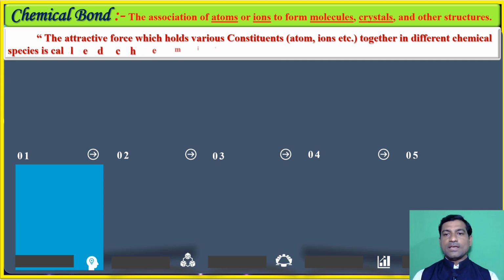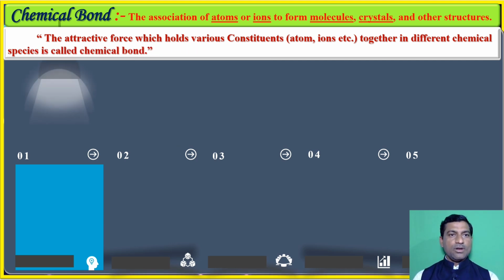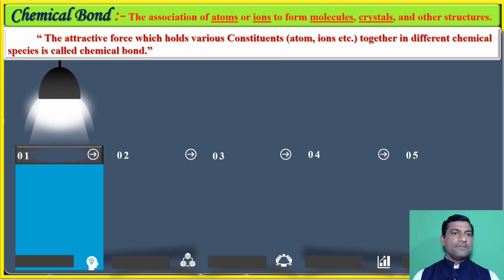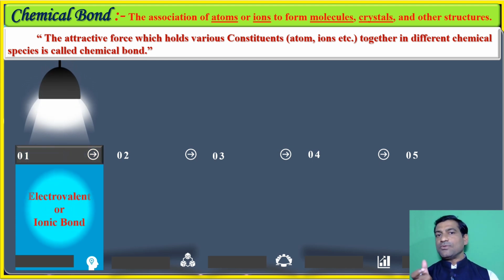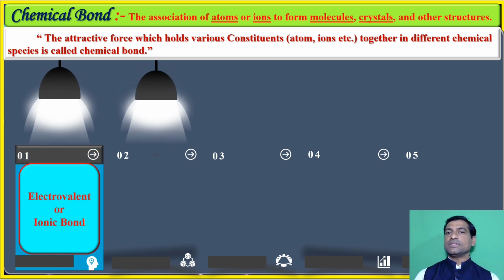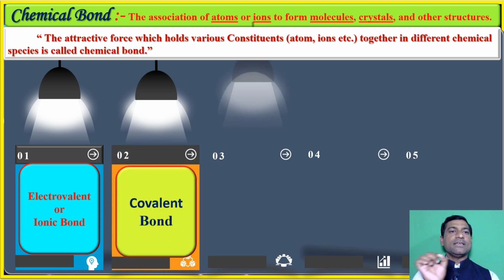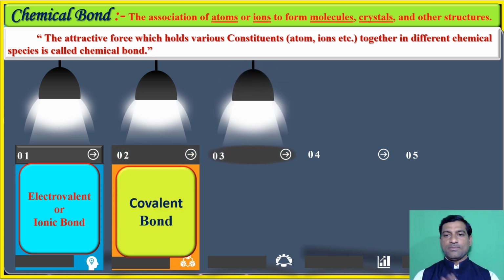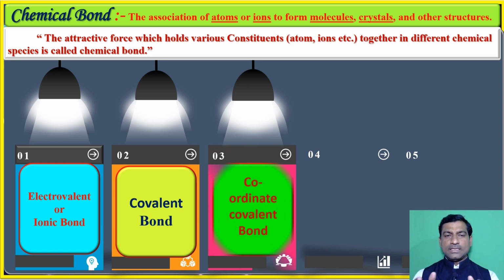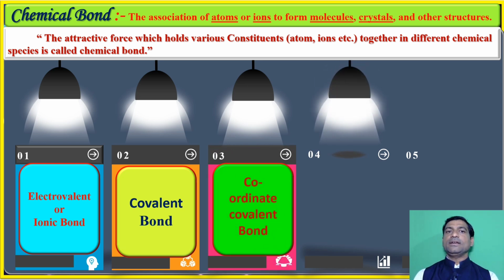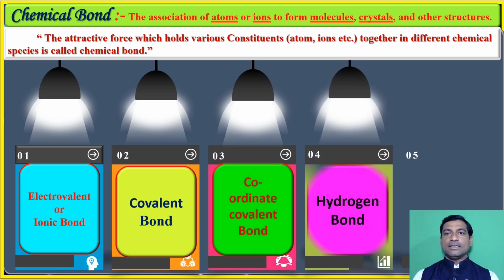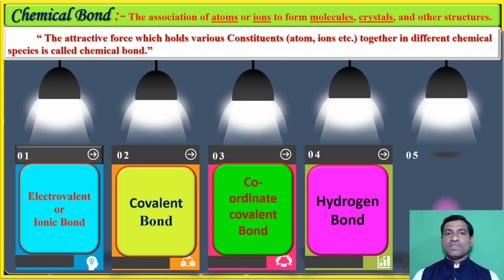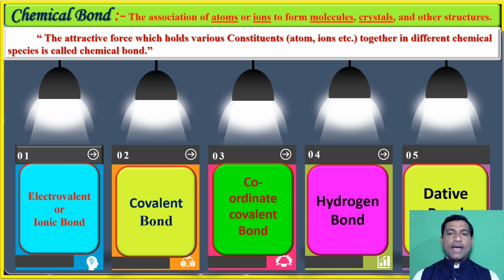Another definition: the attractive force which holds the various constituents, that is the atoms and ions, together in different chemical species is called a chemical bond. Chemical bond means it can hold the different ions and atoms, and it forms the molecule.